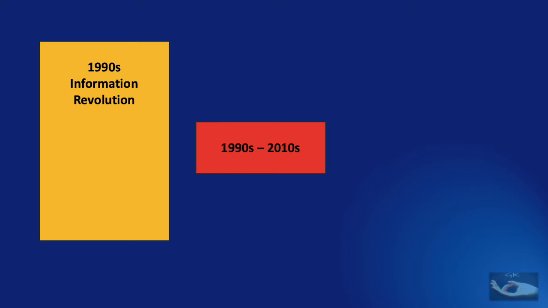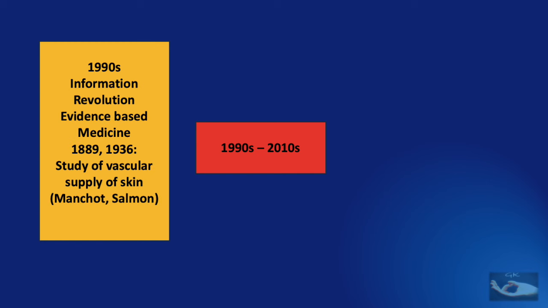After the 1990s, two factors enhanced the growth of reconstructive hand surgery: the information revolution and evidence-based medicine. Karl Manchot had performed the first studies of the circulation in 1889, and in 1936 the French anatomist Michel Salmon, who was able to show in great detail much smaller vessels, paved the way for the foundation of the angiosome concept by Ian Taylor.